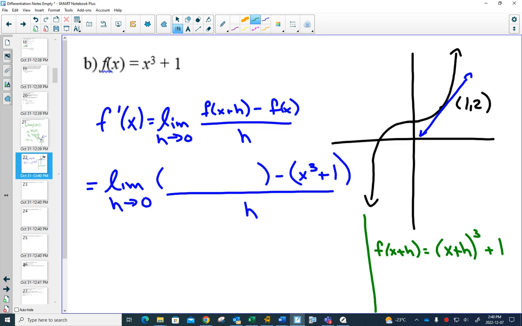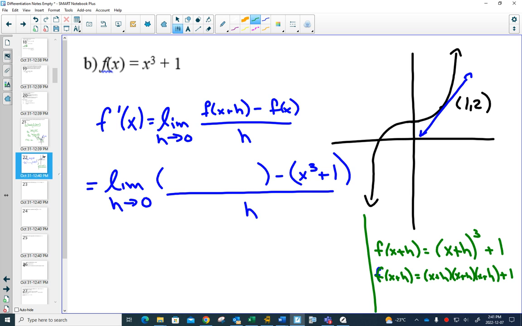Now, the annoying thing here is you have to remember how to multiply x plus h times x plus h times x plus h. How do you multiply that out? Because that's what this means. F of x plus h equals x plus h times x plus h times x plus h plus 1.